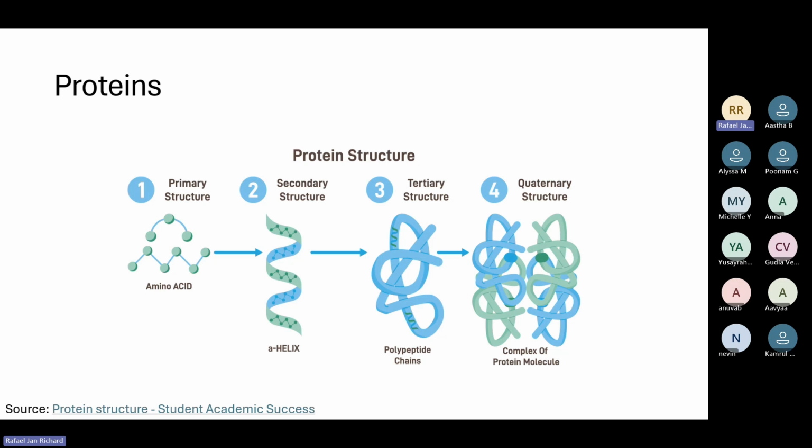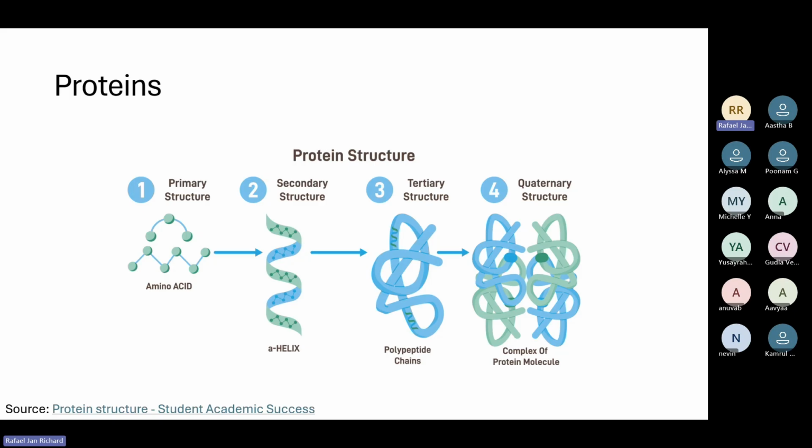In the DNA there are the bases A, T, G, and C, and they are there to encode how proteins are being built.